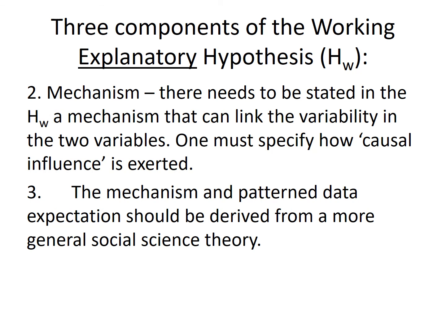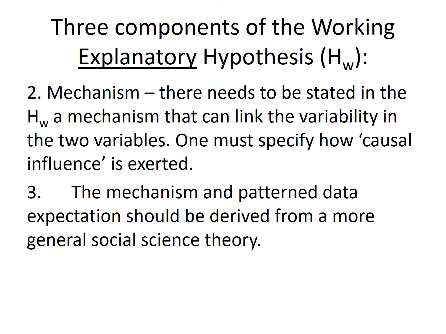The second one is the mechanism. The working hypothesis needs to state a mechanism that can link the variability in the two variables. One must specify how the causal influence is exerted. The third tenet is that the mechanism and pattern data expectations should be derived from a more general social science theory. The example I gave of conspicuous consumption is definitely derived from a general social science theory.